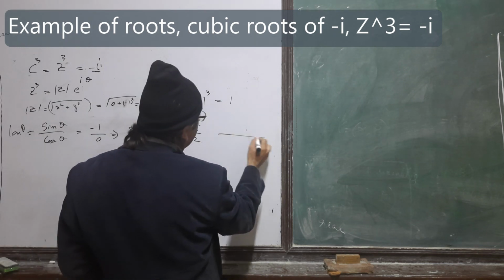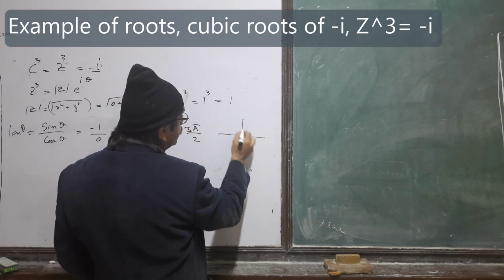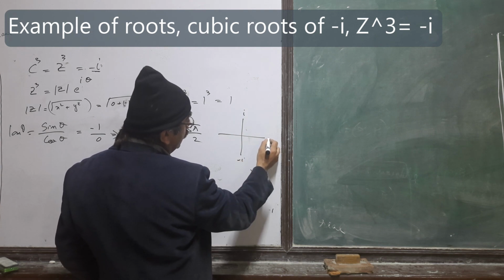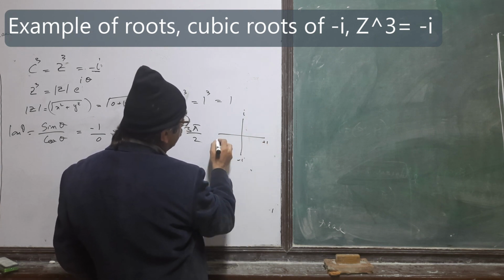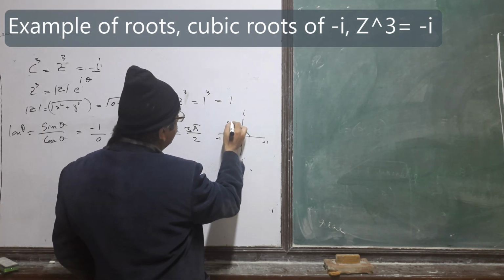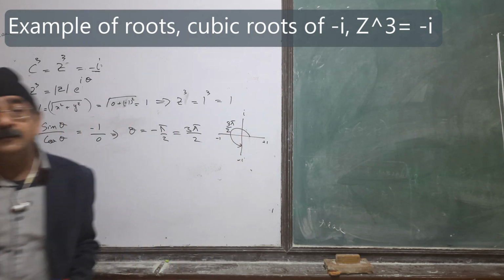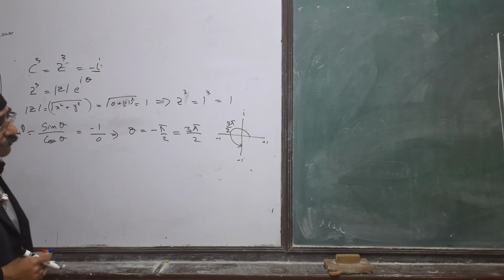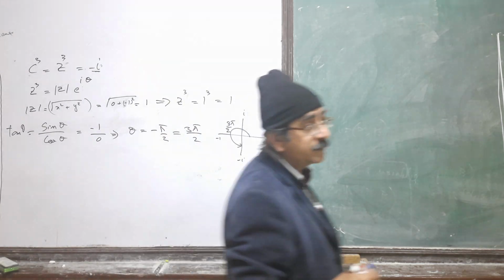You mean this is plus iota, this is minus iota, this is plus 1, this is minus 1. So this angle will be 3 pi by 2. Yes? Okay. So theta will be minus pi by 2, or that will be minus iota. Okay, got it?